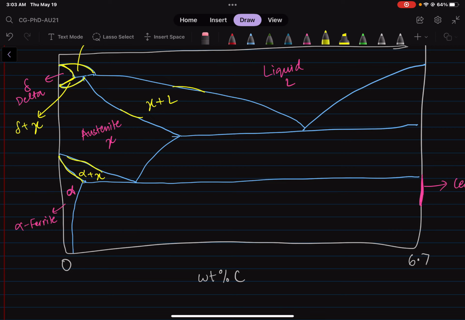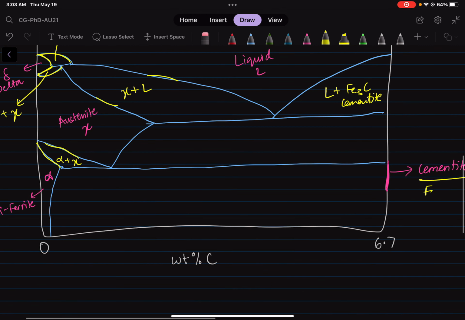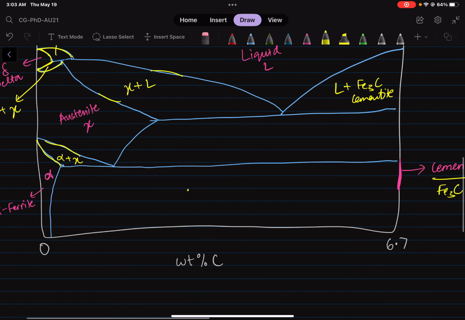This region over here will be liquid plus cementite, Fe3C. And again, this line, yeah, that is cementite or Fe3C. And then at the bottom, you will have alpha ferrite plus cementite.